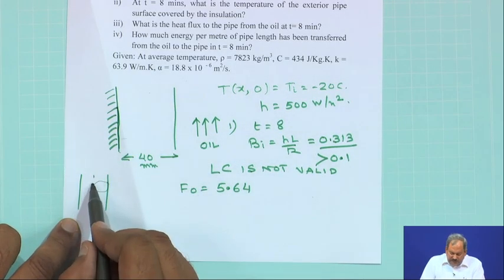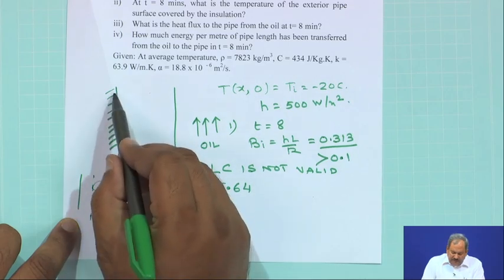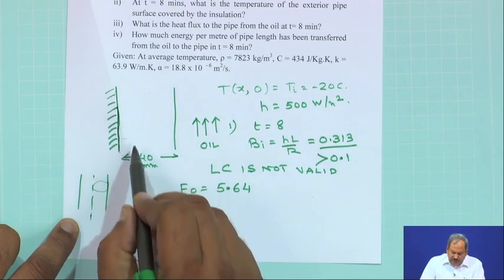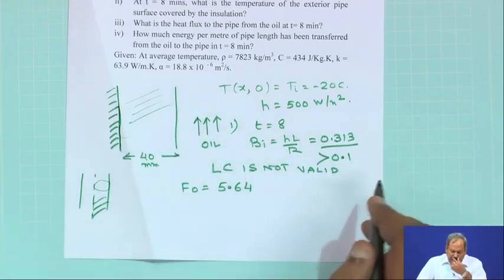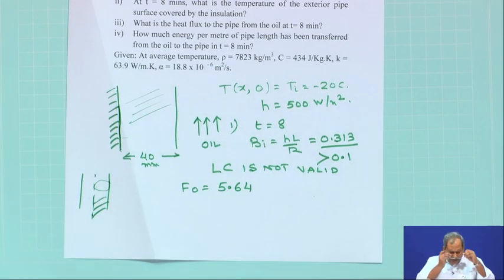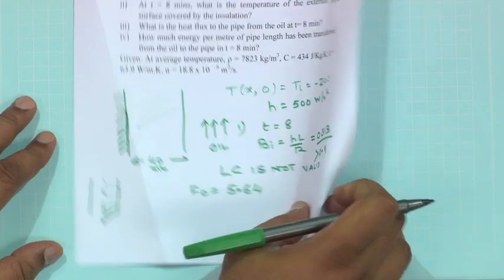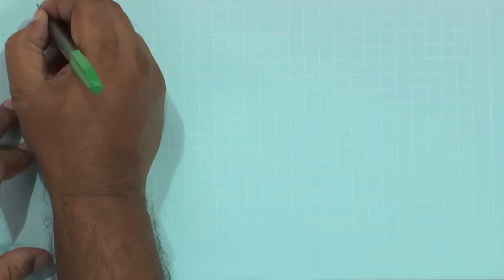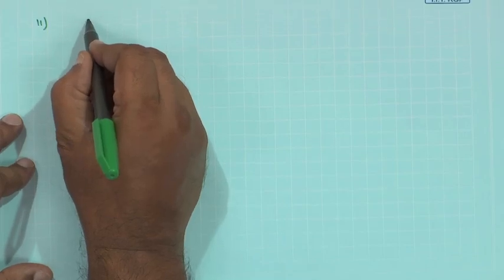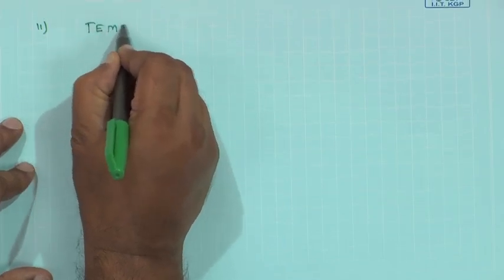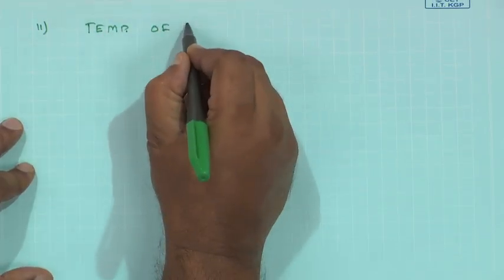Since this is an adiabatic plane and this is an insulated plane, this part and this part are identical, and therefore the Heisler chart is going to be valid. So, part 2 of this is what is going to be the temperature of the exterior pipe surface.